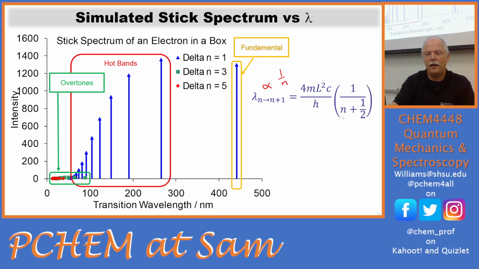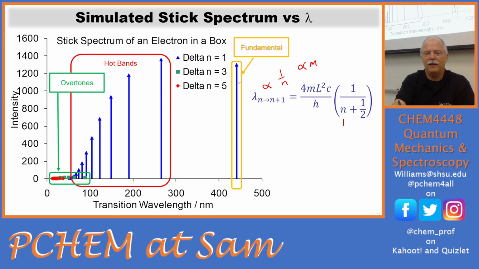Okay, we could still use this if we just find the fundamental. We just put a 1 in here for N, and you end up with this constant. And so even with just a single spectral peak, if you apply this model to it, you could solve for the mass, you could solve for the length of the box and so on. Now also notice that the wavelength is directly proportional to mass.